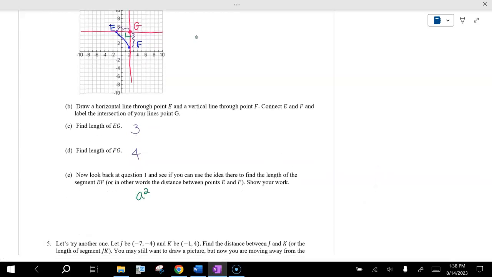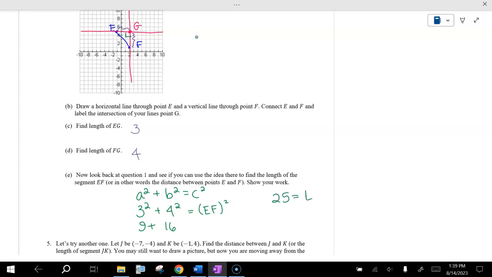Remember, Pythagorean theorem is a squared plus b squared equals c squared. So here we have 3 squared plus 4 squared, and it's going to equal that third side, which is just EF. I'm going to call it EF squared. So 3 squared is 9, 4 squared is 16. 9 plus 16 equals 25.